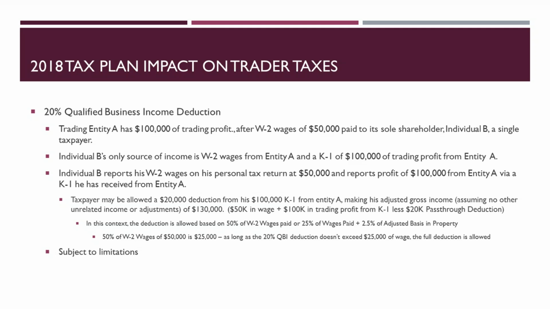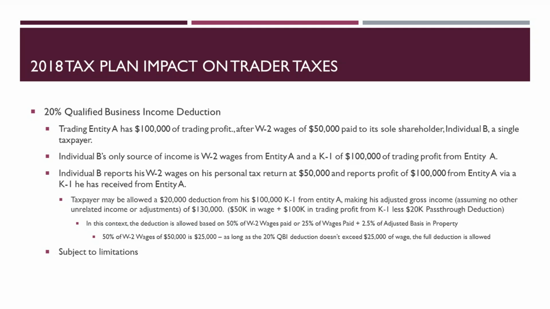So the IRS says that in order for any taxpayer to get this break, you need to have W-2 wages that the business is paying. And the break is limited to 50% of those W-2 wages in this context. So first you do a calculation: you take 50% of the $50,000 wage, that leaves us with $25,000 of eligible wage.